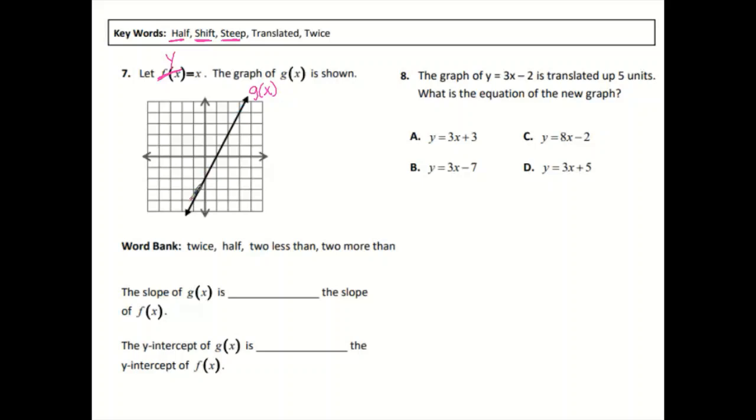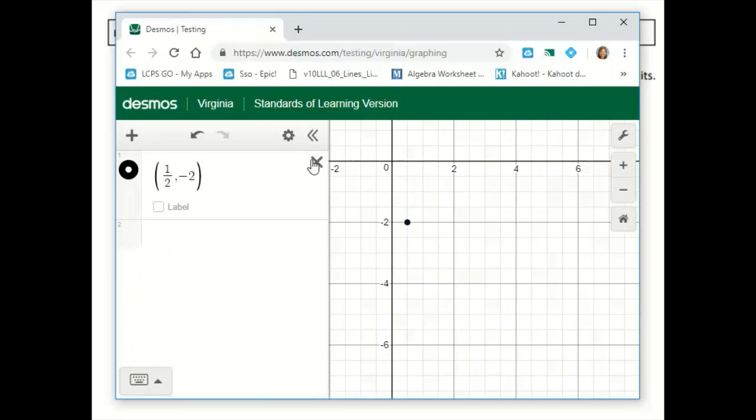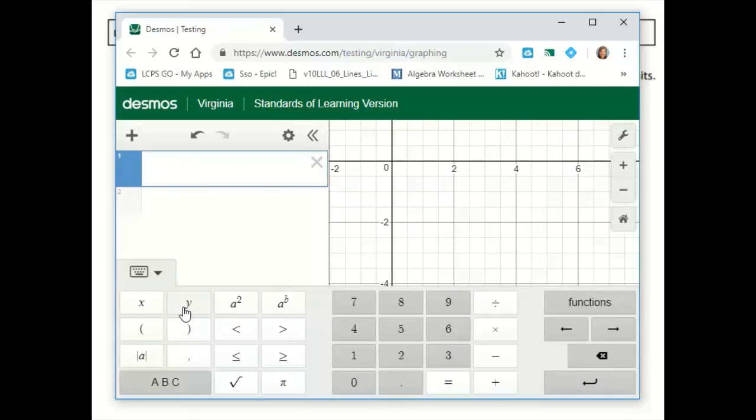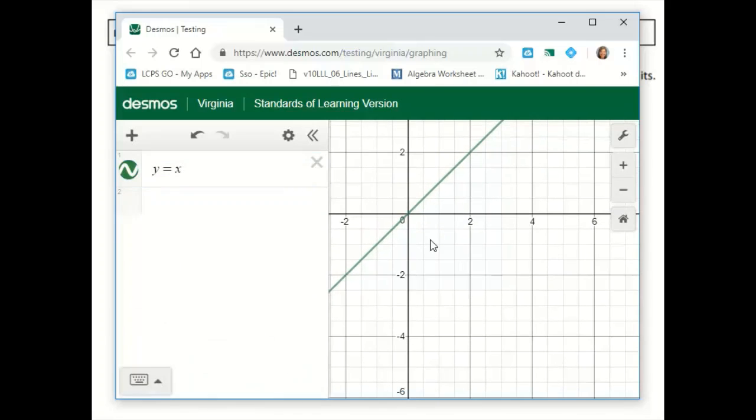So I have g of x here. It might be helpful if I graph f of x on here so I can compare them. So let's go ahead and see what that looks like. And you can use Desmos to help you. So we can type in here y equals x. And that's what the line looked like. You can copy that onto your paper. So I'm going to look at some points. I have 0, 0 here. This should be 1, 1, 2, 2, 3, 3.